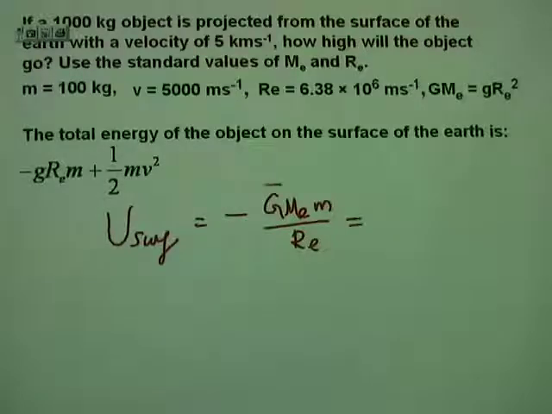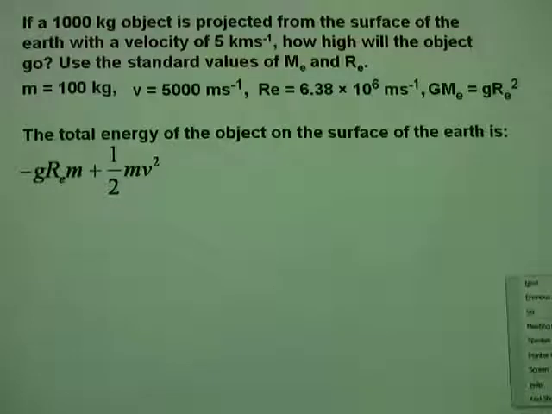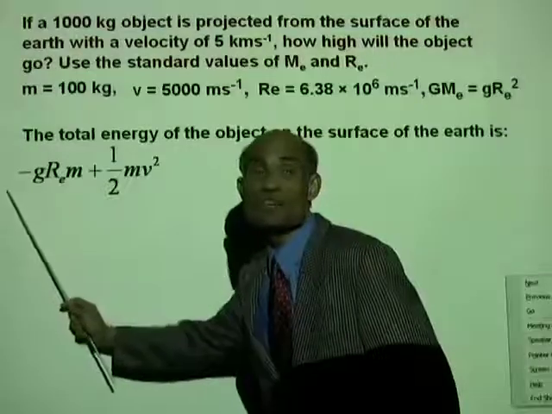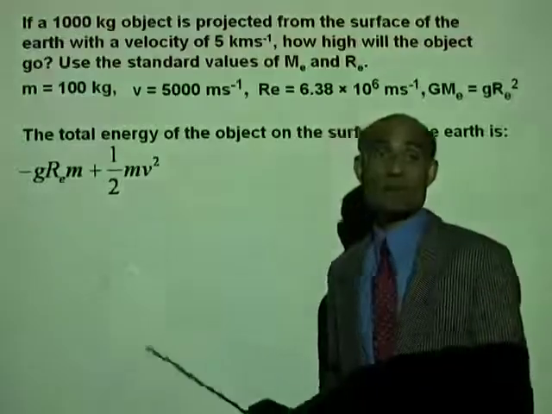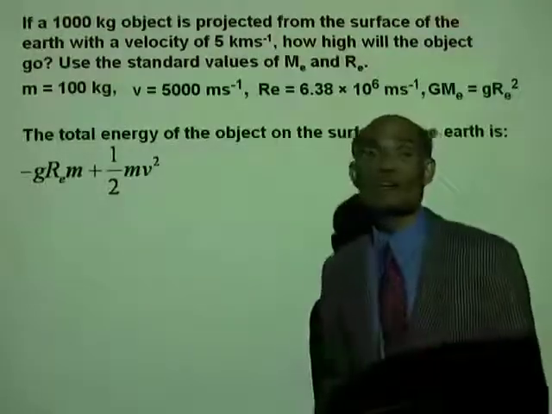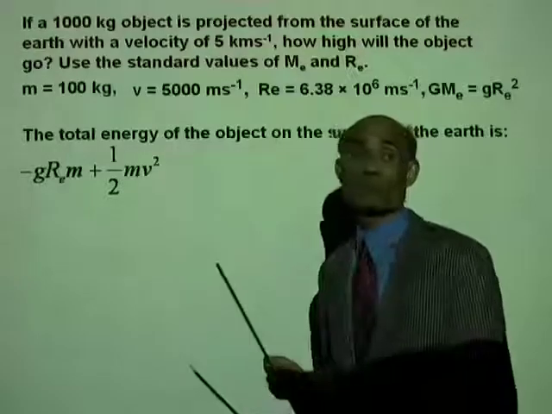Replace GME by g RE squared: negative g RE squared m over RE, and one RE on the denominator and one RE on the numerator cancel, leaving us with negative g RE m. The kinetic energy is 1/2 mv squared, where v we know.